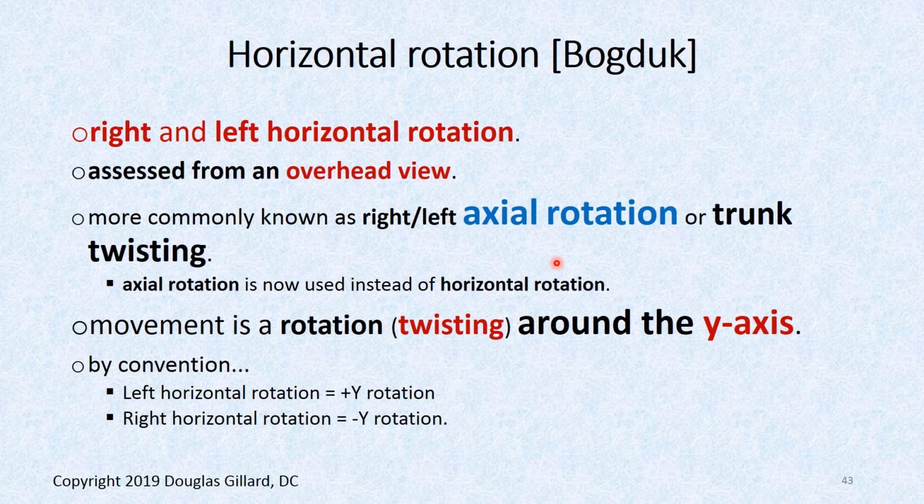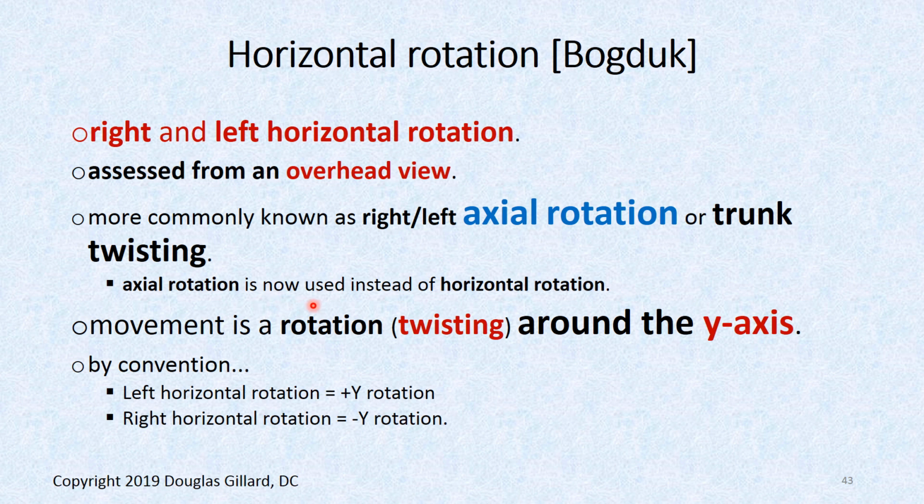Horizontal rotation, there's a right and left horizontal rotation as well. So now we're going back overhead and looking down. So what is this? This is just twisting. Twisting to the right and twisting to the left. So there's a right and left horizontal rotation. So we're using that overhead view again. Assessed from the overhead view, more commonly known as right and left axial rotation or trunk twisting.